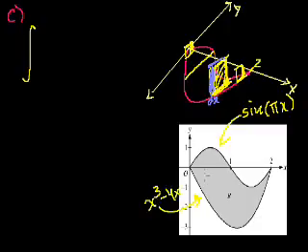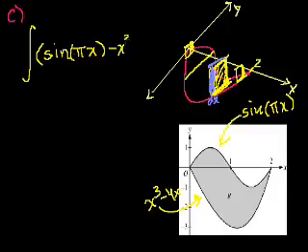So the base, this distance right here, is going to be the difference between the top function and the bottom function. So each base is going to be sine of pi x minus x to the third minus 4x. Switch the signs: minus x to the third plus 4x.